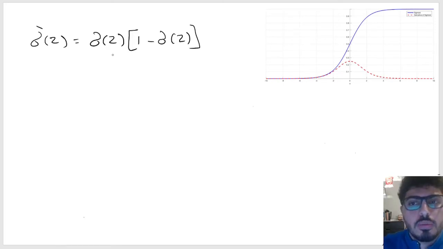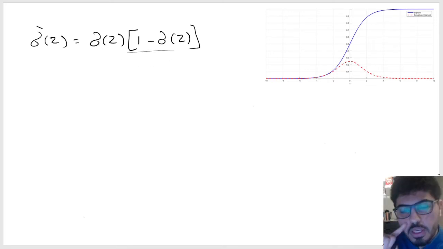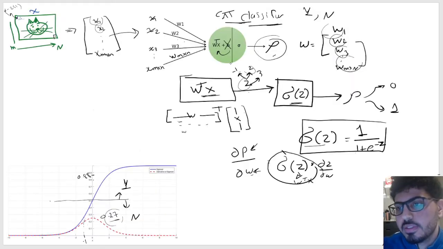Now in this video, we will take it a step forward and compute the vectorized form of this derivative. What do I mean by the vectorized form? Well, in the example that we gave last video, we had a cat classifier model that took an image of a cat and vectorized all the pixels of the image into one tall vector, and we did a linear transformation, W transpose X, we call that Z, and then we applied the sigmoid function to Z to generate a probability between 0 and 1.